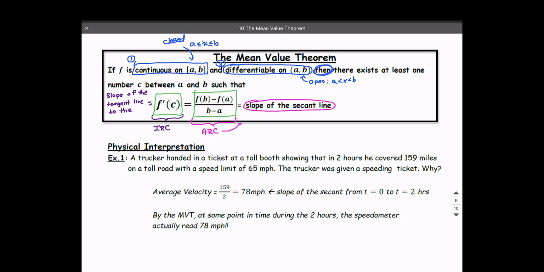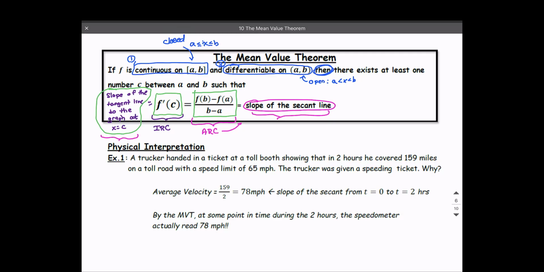to the graph at x equals c. So the mean value theorem is saying that all four of these are going to be equal at some value of c in between a and b. And we showed graphically we were looking at the slope of the secant and the slope of the tangent line.